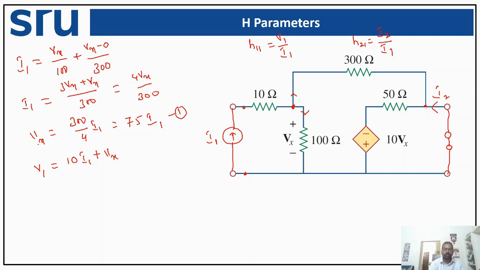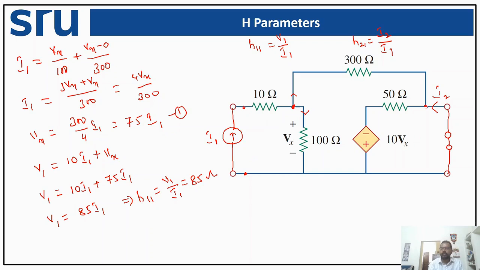Already we have a relationship between Vx and I1. So if you substitute Vx equal to 75 I1 over here, we get the relationship between V1 and I1. So my equation becomes V1 equal to 10 I1 plus 75 I1. So if you add these two, we are going to have V1 equal to 85 I1. So my H11 is equal to V1 by I1 is equal to 85 ohms.